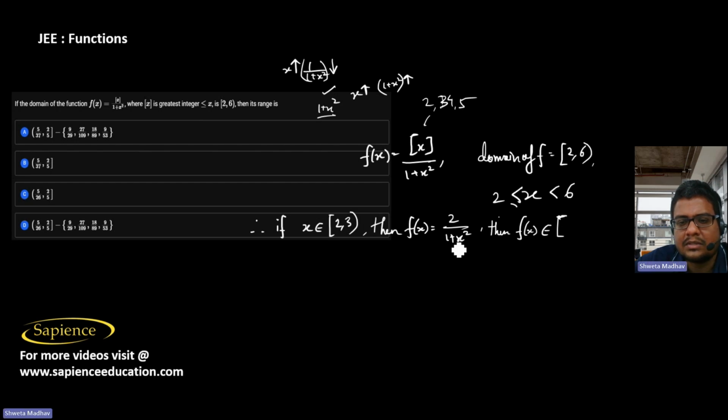2 by 1 plus 3 square, that is 2 by 9 plus 1, 10, so from 2 by 10 to 2 by 4 plus 1, till 2 by 5. Go till 2 by 5.